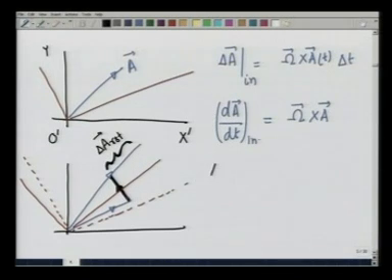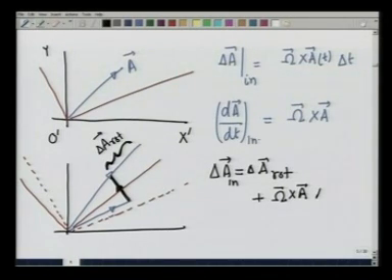So, the total change delta A I can write as delta A in the rotating frame, plus omega cross A delta t, that was anyway there. So, I can think of this change in two steps. First, I change A without changing it in the rotating frame, and then change it in the rotating frame.